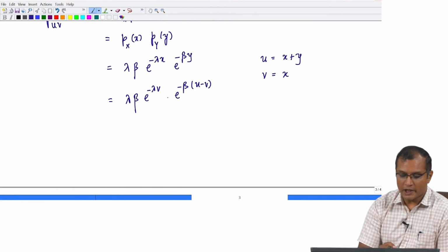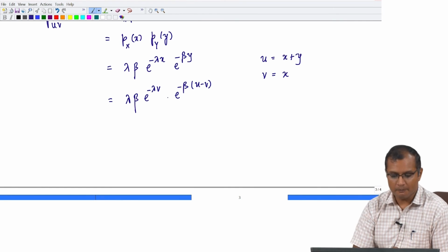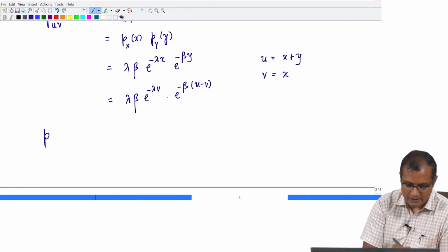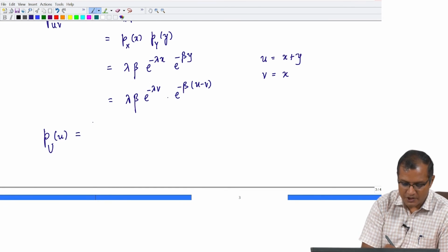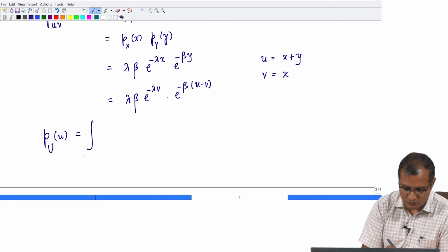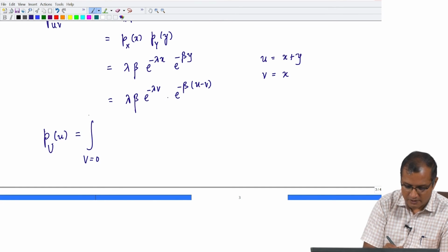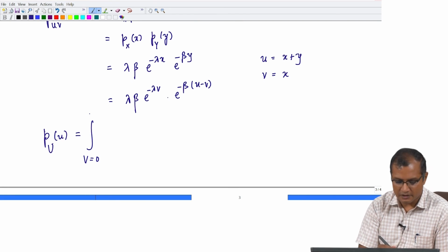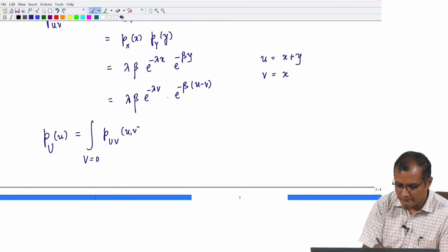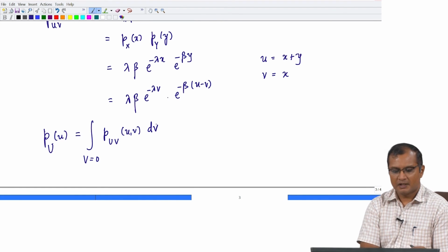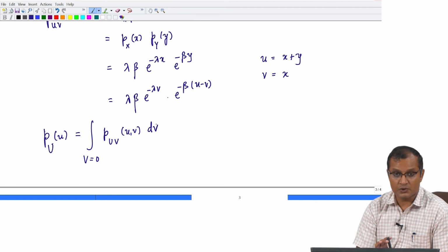Now, this is the joint PDF of u comma v. I am interested in just the PDF of u. This can be obtained by washing out the v degrees of freedom, and I can do this by integrating my total PDF over v. The limits on v have to be carefully chosen.